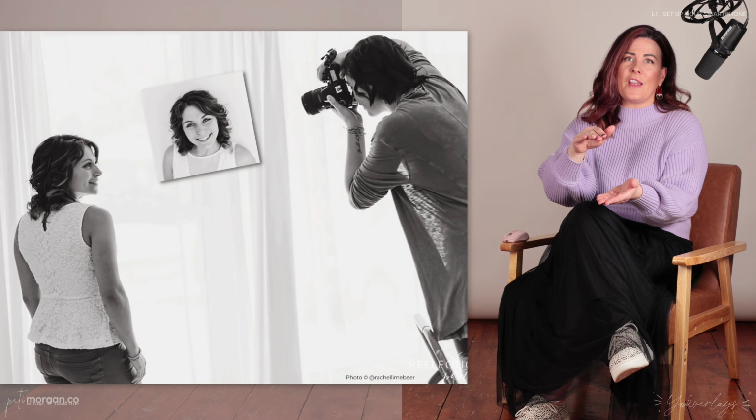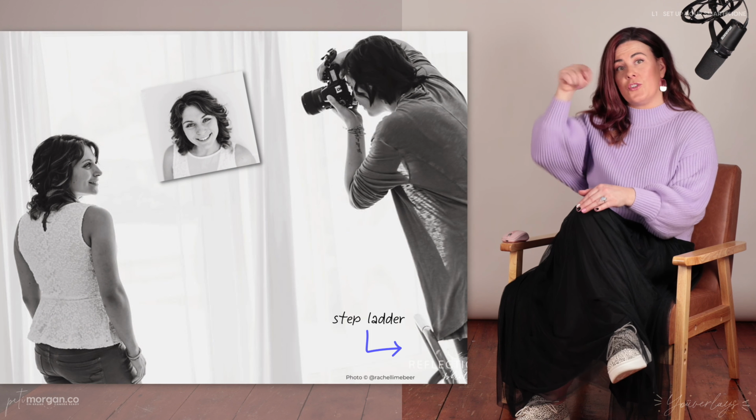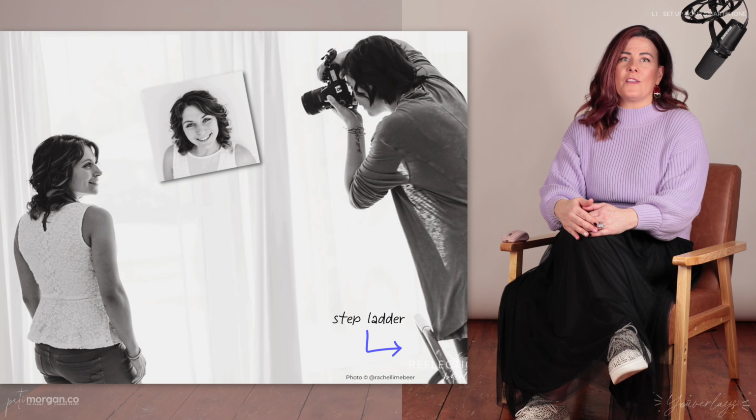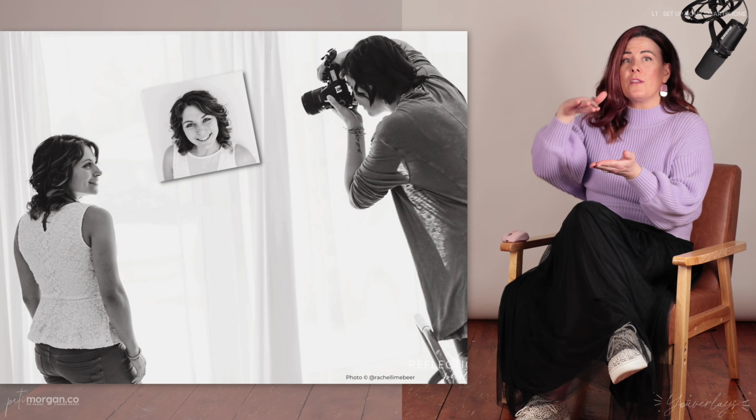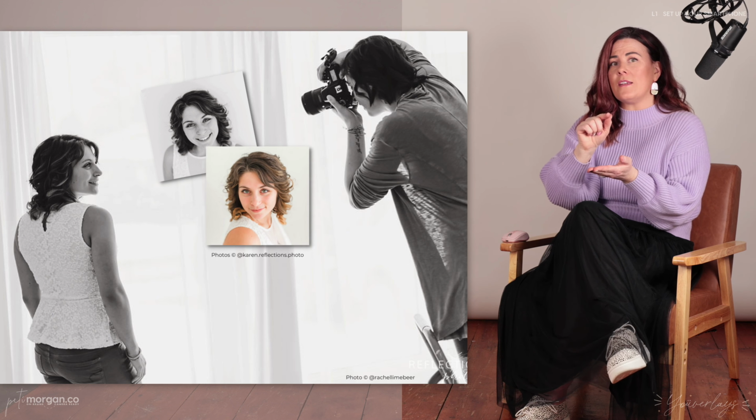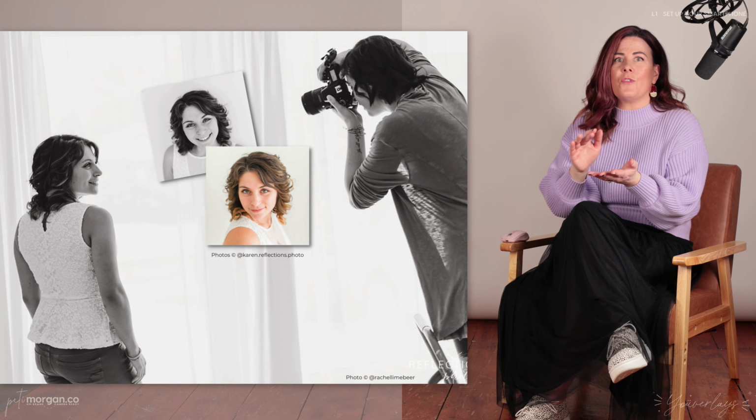Think of your camera as a photographer. If you've ever had your portrait taken by a professional photographer, you may have noticed them getting up on ladders or boxes to get themselves at a particular height in relation to you. The reason for this is that the height or angle that the camera is at in relation to your head creates quite different results.